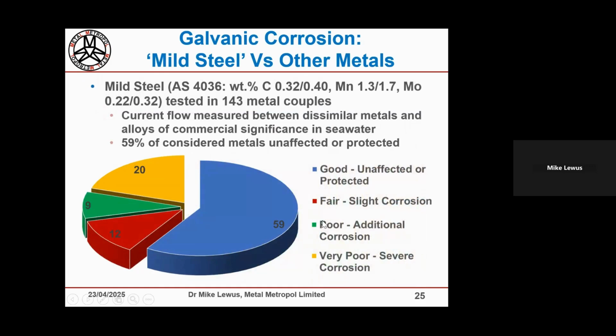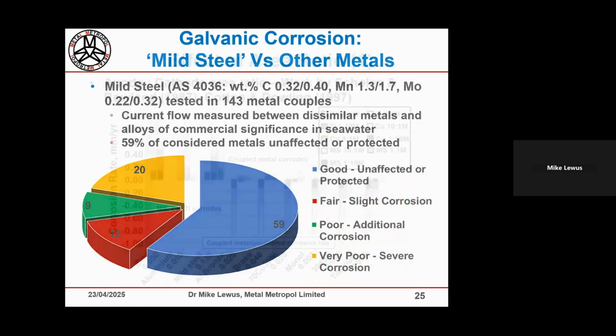So if we distill it down, there are many connection couples involving mild steel that actually are good or fair, and a relatively small number, about 30-ish%, where we might have to be concerned.